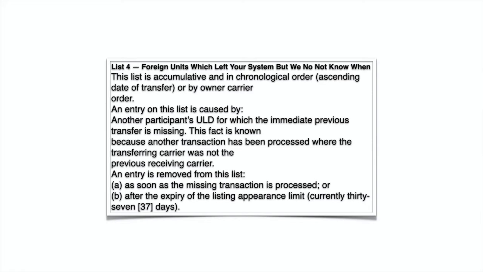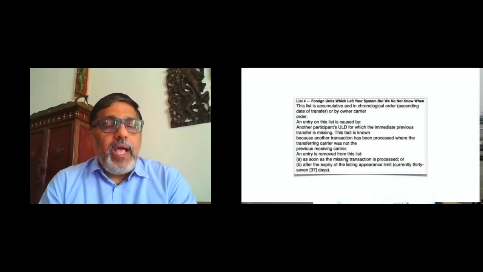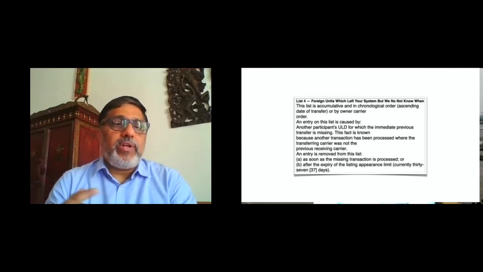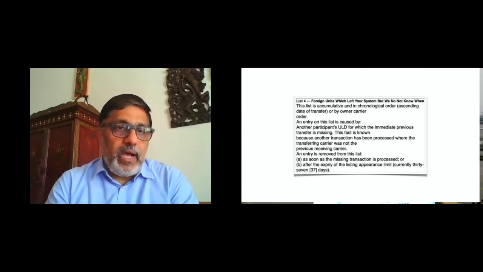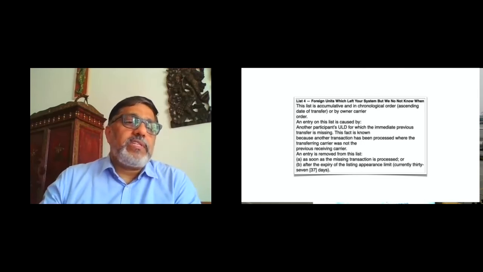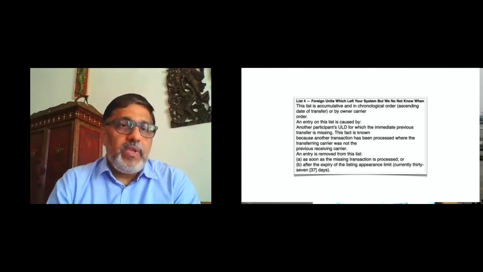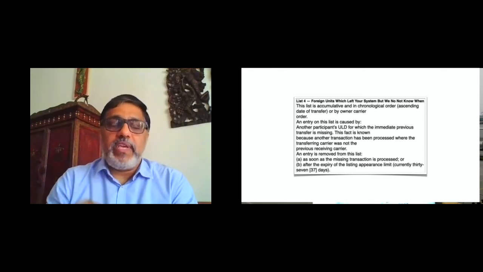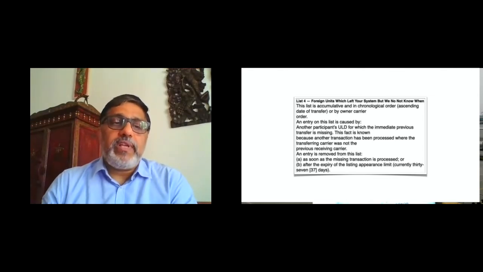Let's say, again, I'll take the British Airways example. I have a British Airways unit that has come into my system, my inventory, and I have not done the transfer out of the unit in the IULDUG system. But now Air New Zealand does a transfer for the same unit out to another carrier. So there is a missing gap. British Airways gave it to Emirates. Now Air New Zealand has got the unit and they've transferred it to somebody else.